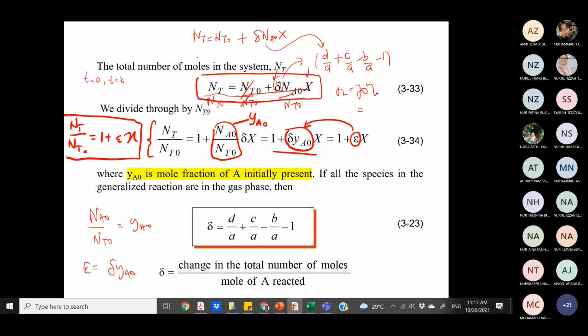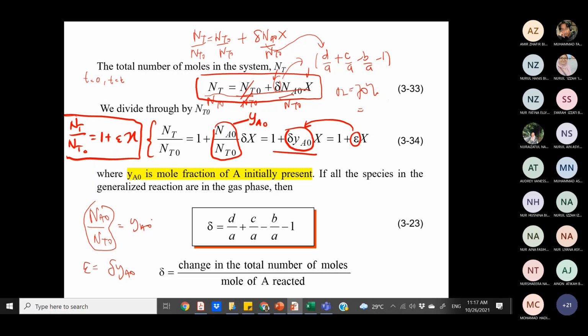Okay, so what we can do is kita kena ada basis dia, which is kita refer to the initial of A. Alright, so you need to divide all this with the NT naught. This one also NT naught and this also NT naught. Okay, sebab apa? Kita nak tengok in term of fractions. Okay, which I told you before, NA naught over NT naught is equal to YA naught.